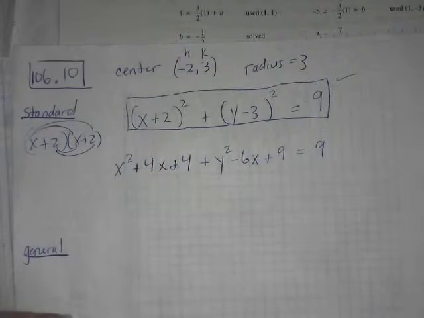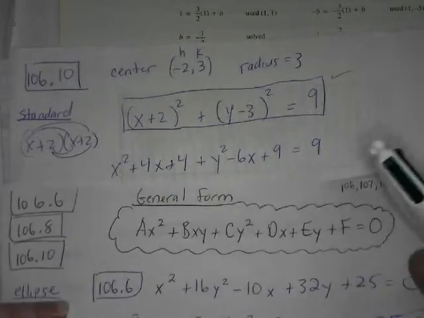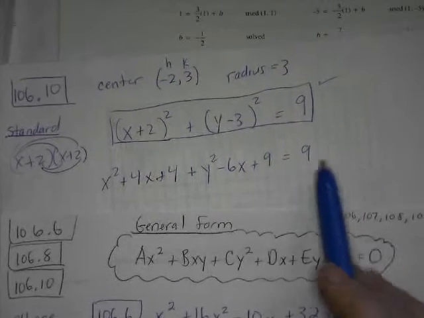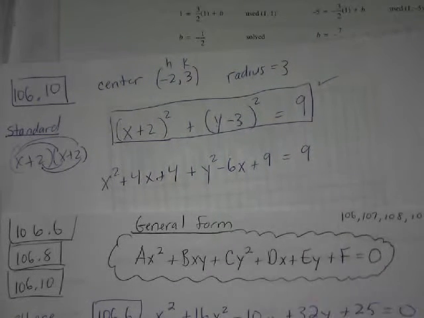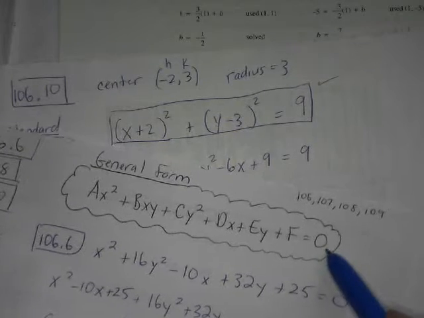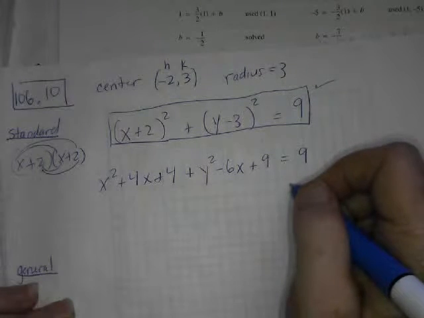And then general form, I just had it a second ago. They want something times x squared first. They want there to be a 0 over here, so I'm going to subtract 9 from both sides to get a 0 over here.